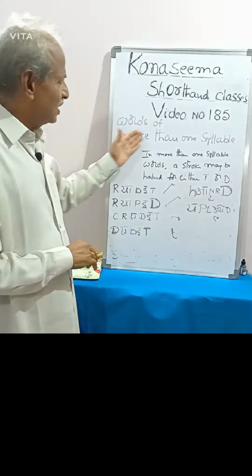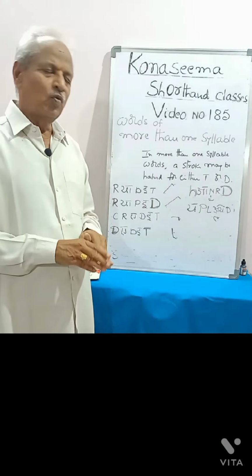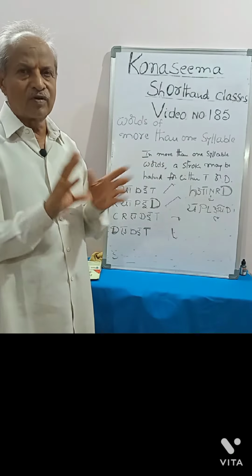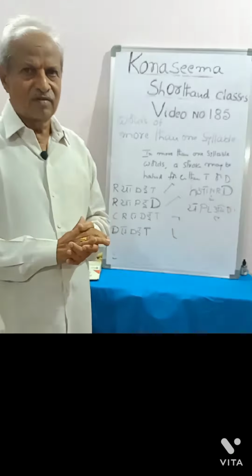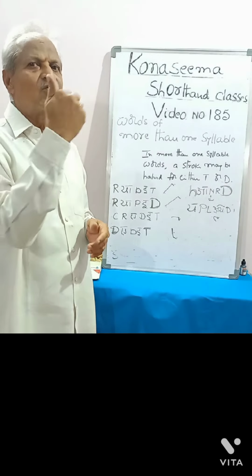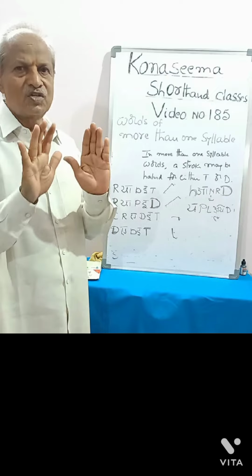Regarding more than one syllable, only one rule. That rule is we can halve the word for either T or D. What word? More than one syllable word. This is in a nutshell about the syllable.